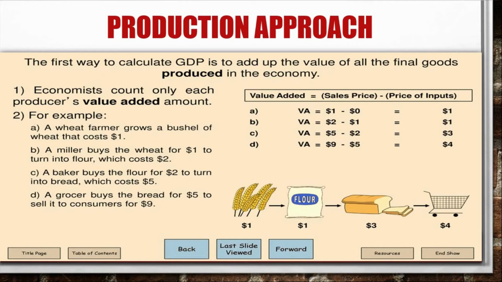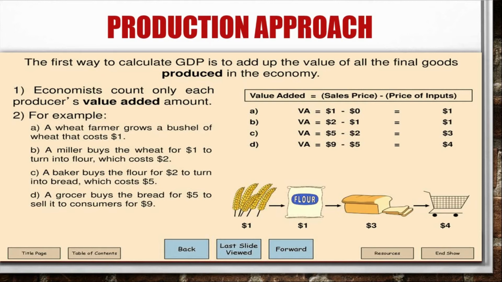Suppose a mill buys the wheat for $1 to turn into flour, which costs $2. A baker buys the flour for $2 to turn into bread, which costs $5. A grocer buys the bread for $5 to sell it to consumers for $9.